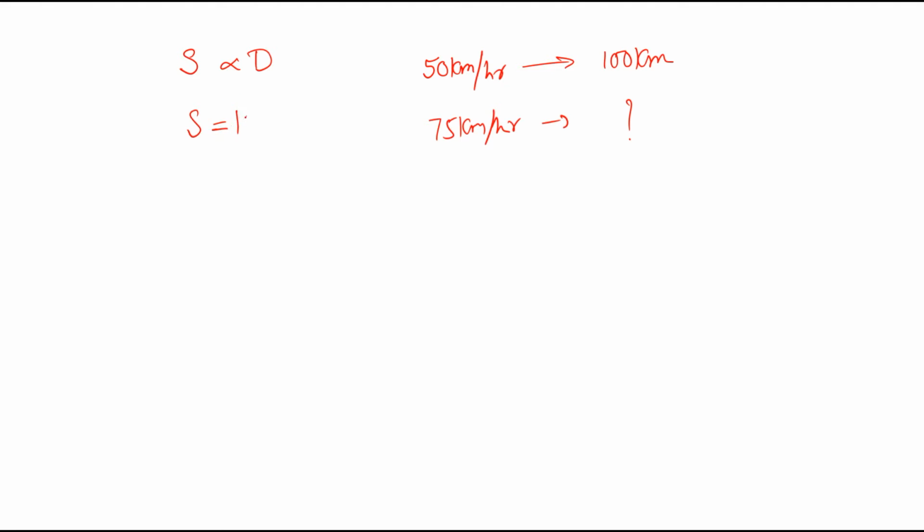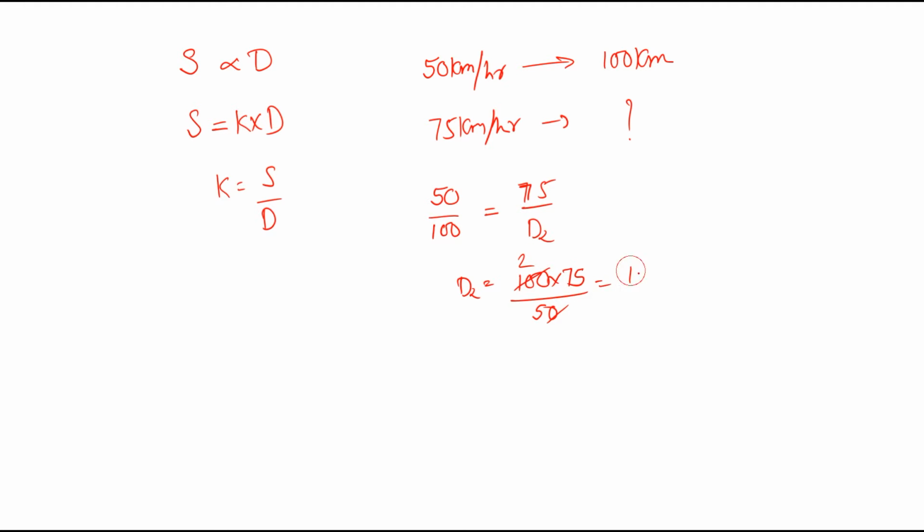So, how do we write it? S is equal to K into D, or K becomes S by D. What was the value of speed in the first case? It was 50. What was the distance? 100. Next time, speed became 75. Distance is not known to me. When we equate them, we definitely get the value of D2. It comes out to be 100 into 75 by 50. Yes or no? This gives you 150 kilometers.